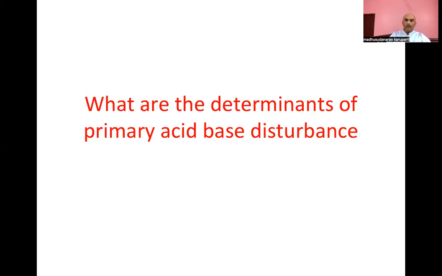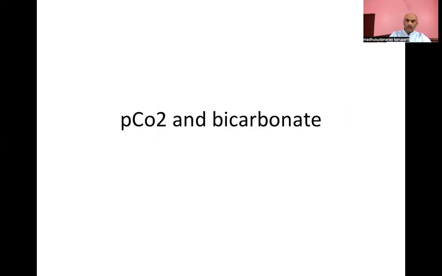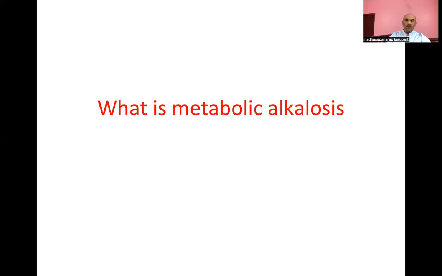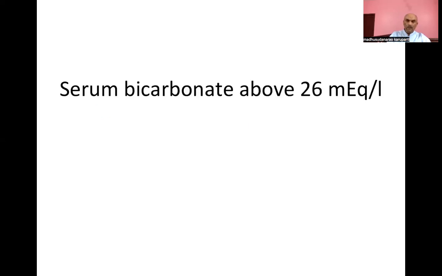Then what are the determinants of primary acid-base disturbance? They are PCO2 and bicarbonate. PCO2 is related to respiratory alkalosis and respiratory acidosis. And bicarbonate is related to metabolic acidosis and metabolic alkalosis. And what is metabolic alkalosis?